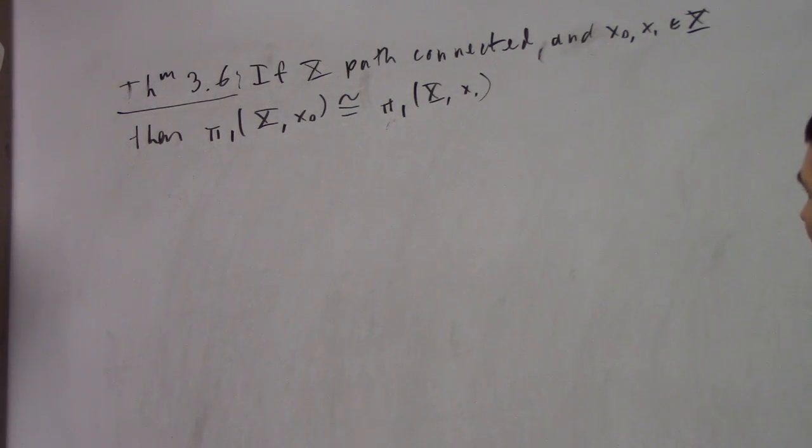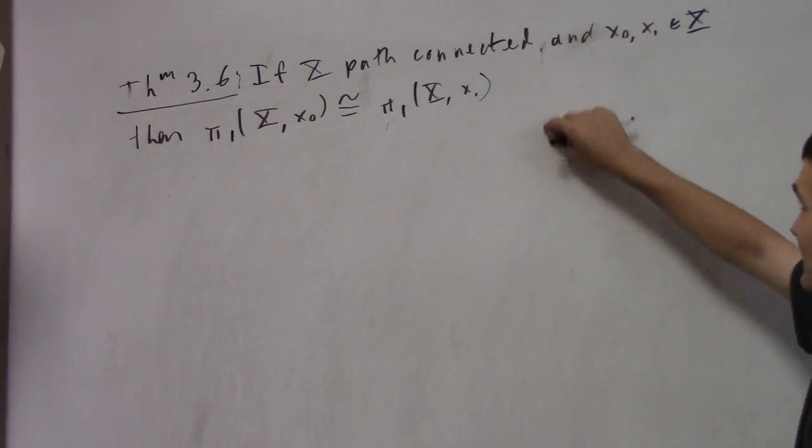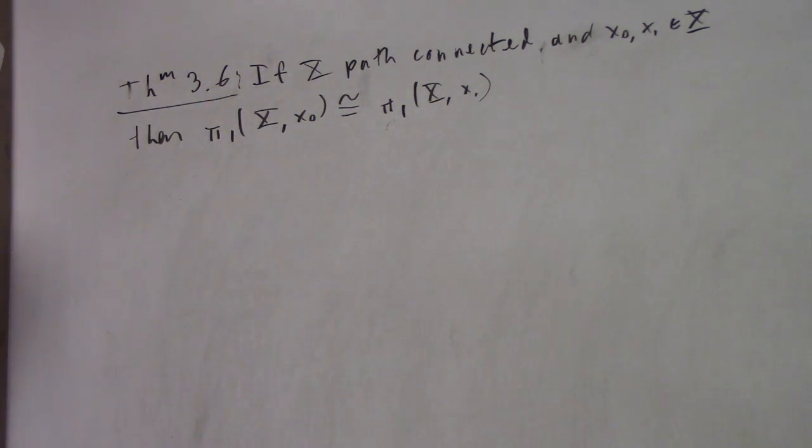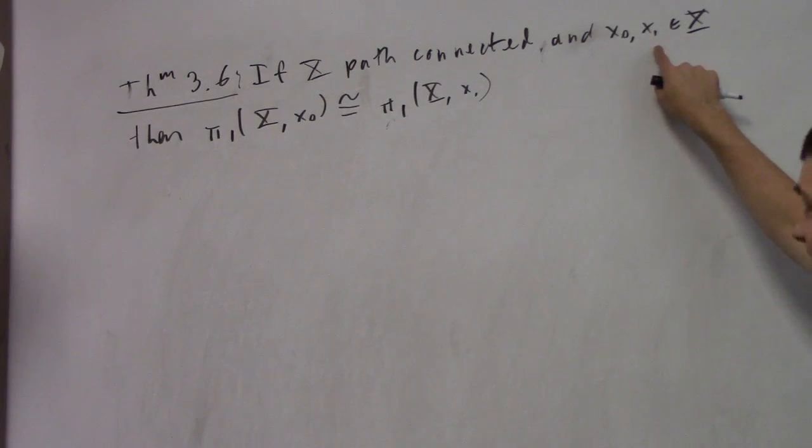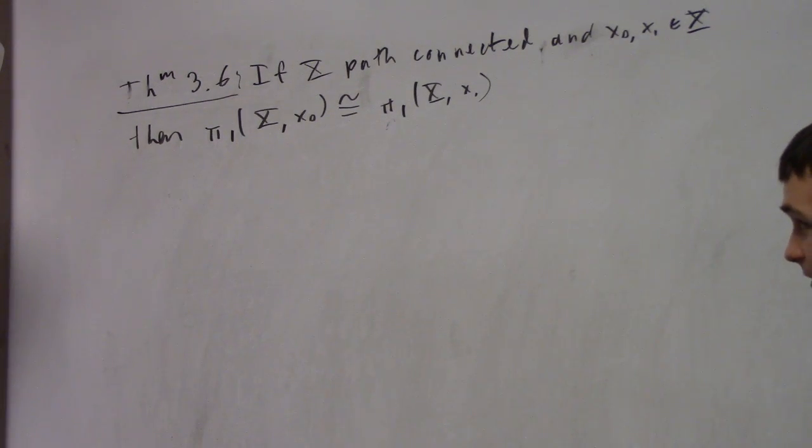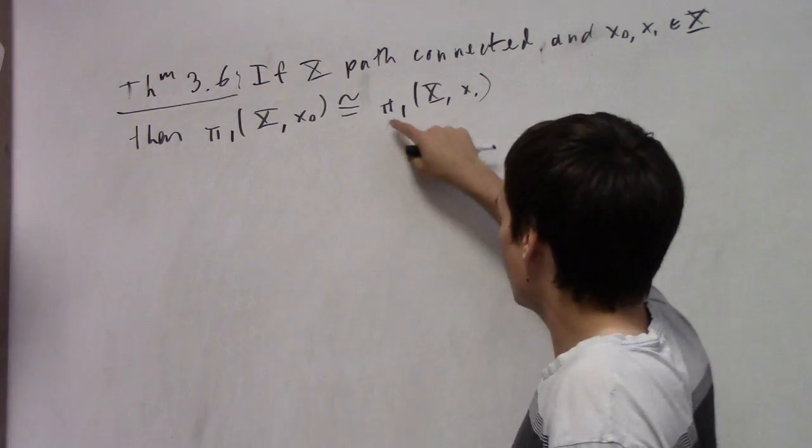I think it's easier to interpret this, as a corollary: if you're in any space and x naught and x1 are in the same path component, then you have the same fundamental group.